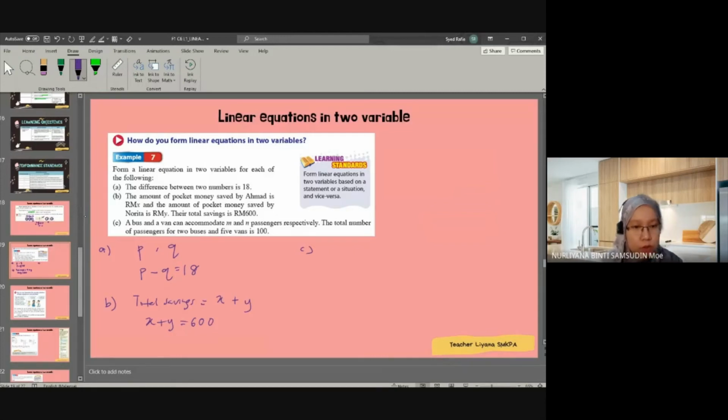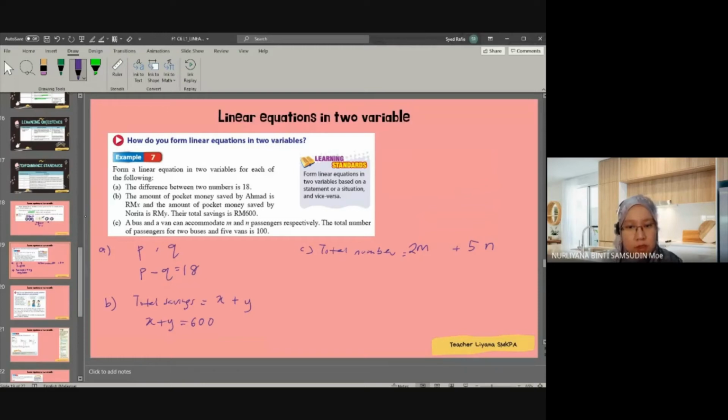So we know the total number of passengers will be, bus is M, van is N. For 2 buses, 2M, plus 5 vans, 5N.